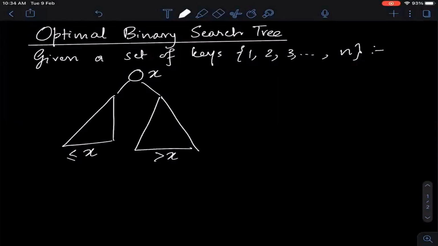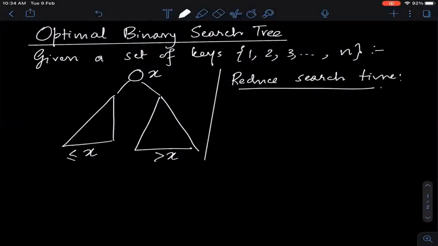Okay, right. Now, what we have learned so far, maybe in our data structures course or in some other programming courses, is that in order to reduce search time, what we should aim towards having is what we call a balanced search tree.